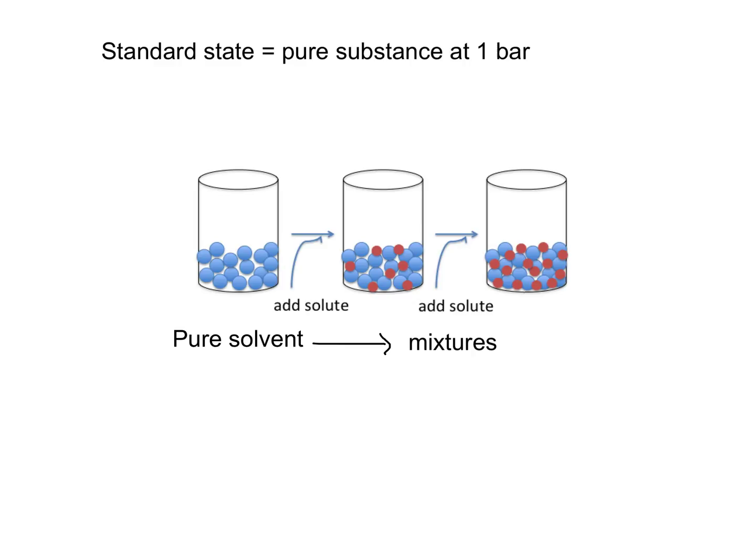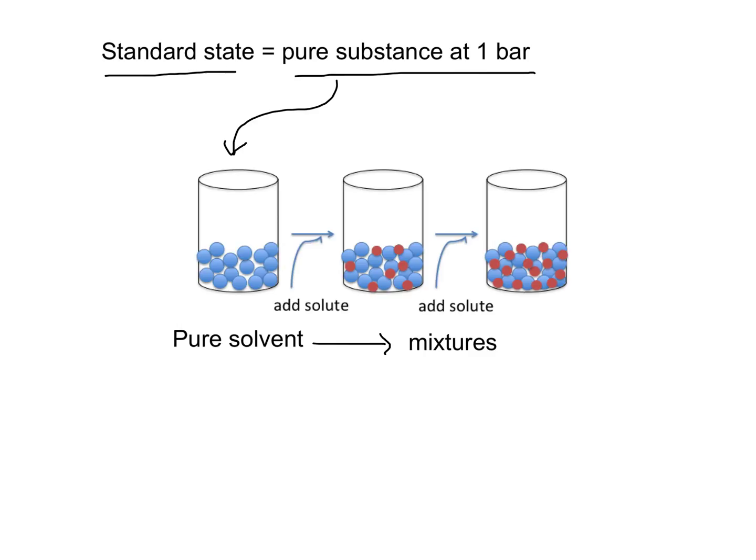Recall that we have defined the standard state as the pure substance at 1 bar of pressure. And so if I have a pure solvent, it will be at the standard state. Let's now imagine adding a solute to my solvent molecules.